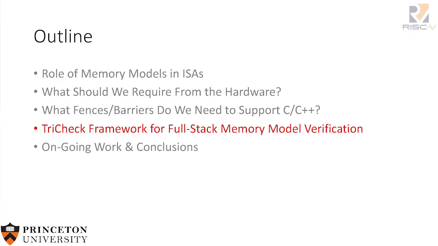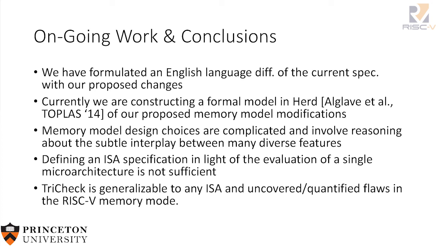I have some more results at the end if we have time, but feel free to look at my slides online. Some ongoing work in conclusion. So right now we have formulated an English language diff of the current spec, but I'm working on constructing a formal model using that herd cat language that we use to describe the C++ model.